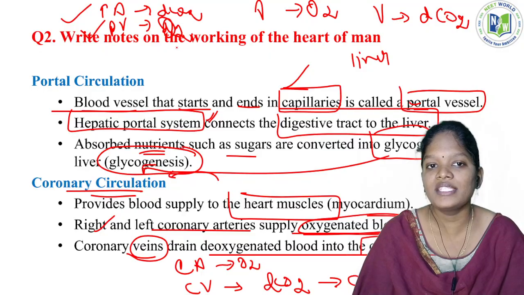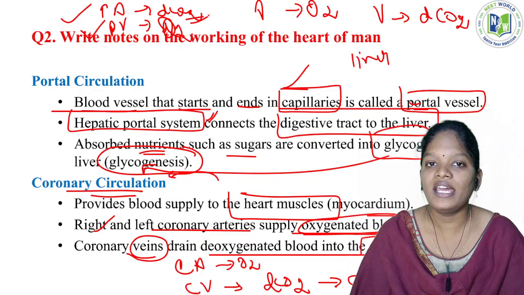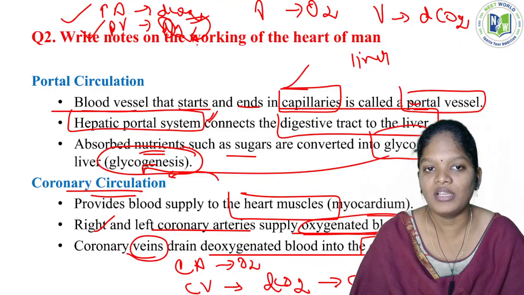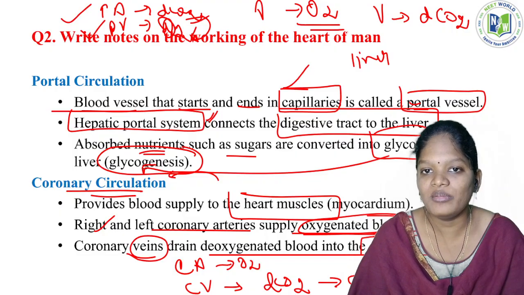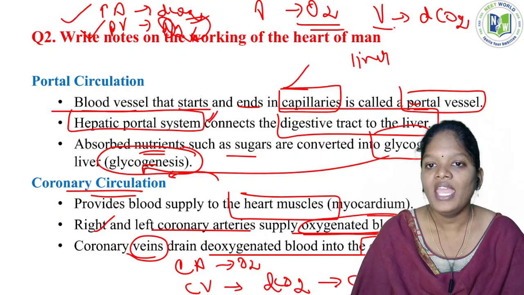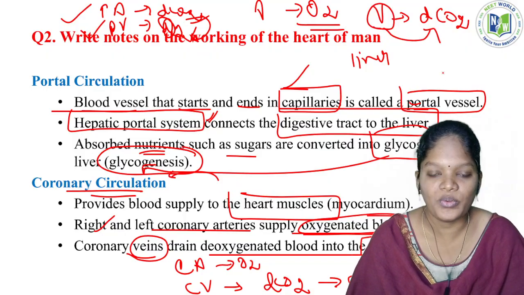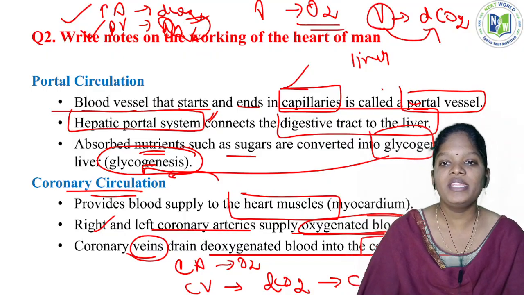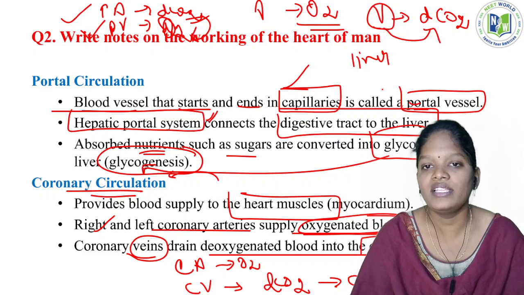In these exceptions the artery carries deoxygenated blood and the vein carries oxygenated blood. But generally arteries carry oxygenated blood and veins carry deoxygenated blood.